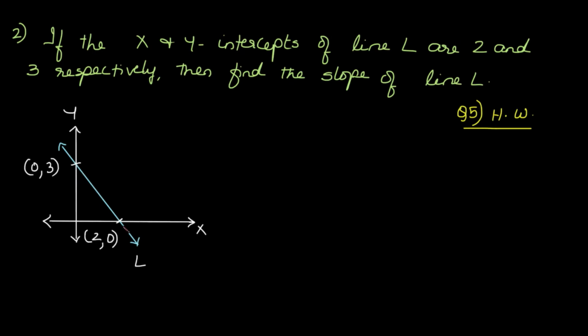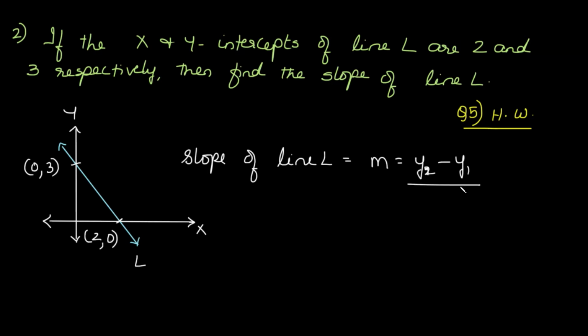So we have 2 points on the line. That means we can easily find the slope of this line. So slope of the line, which is given as m, is y2 minus y1 upon x2 minus x1. Incidentally, even if you write y1 minus y2 upon x1 minus x2, it is one and the same thing.